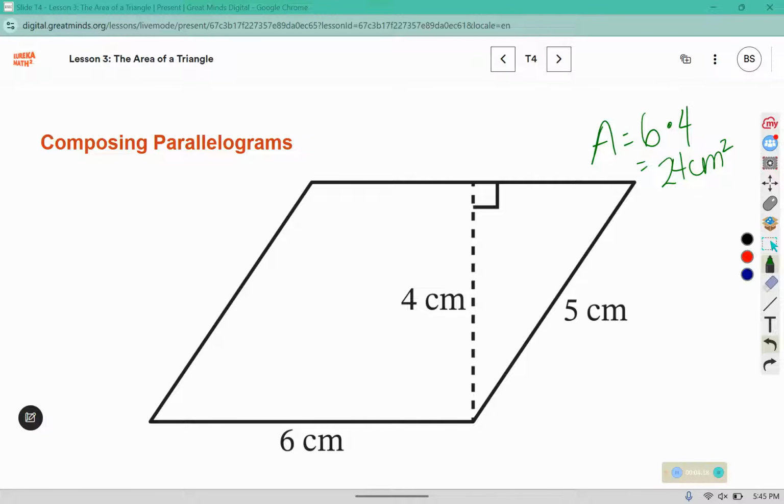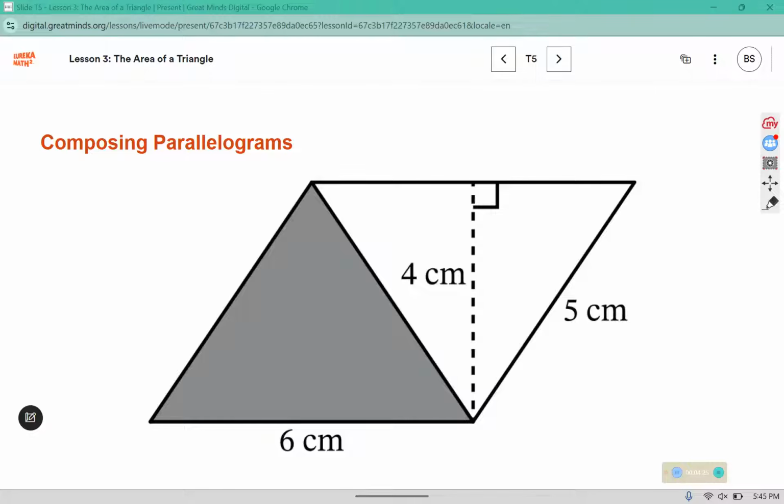What different ways could we cut this parallelogram in half? Here is one way to cut the parallelogram diagonally. If we cut it along this diagonal, do you think we are cutting the parallelogram in half? Explain. Well, this piece here is the same size as the base, and this height is the same height over here in this triangle.